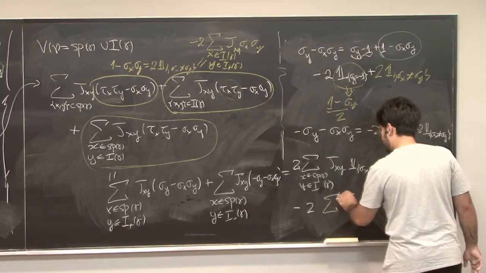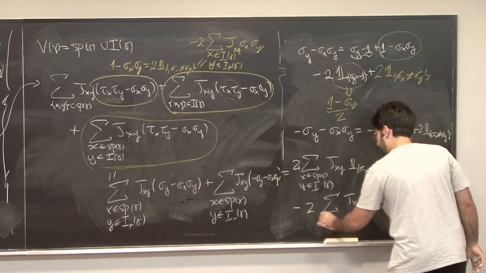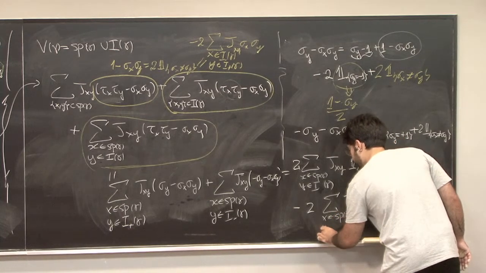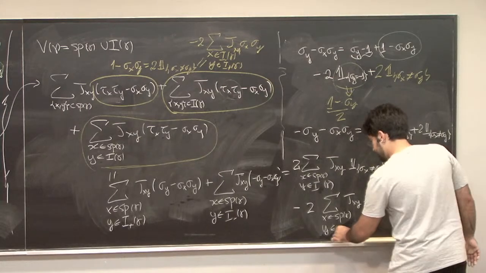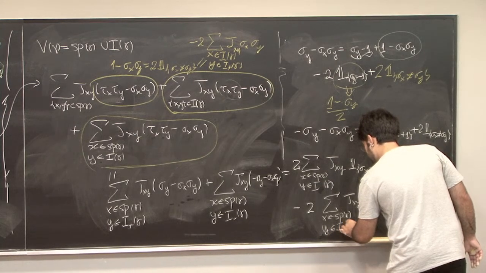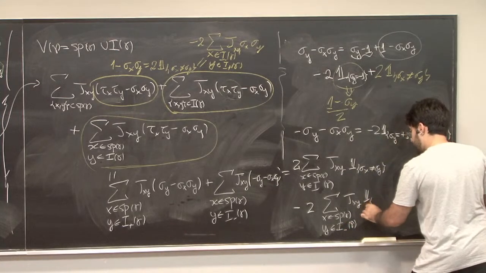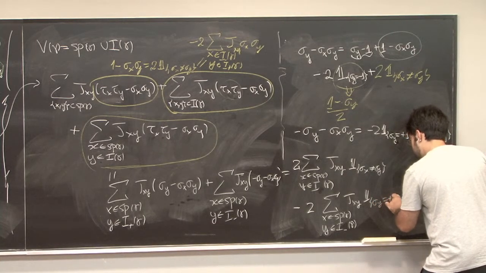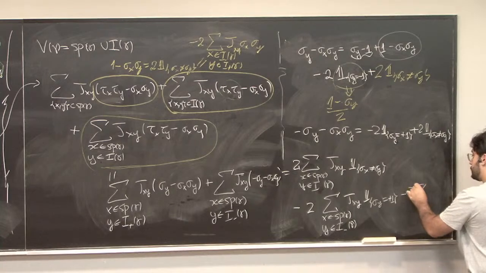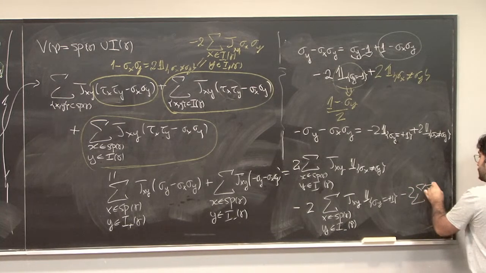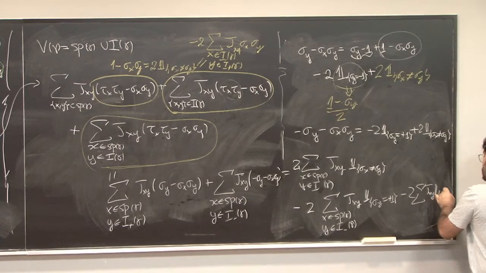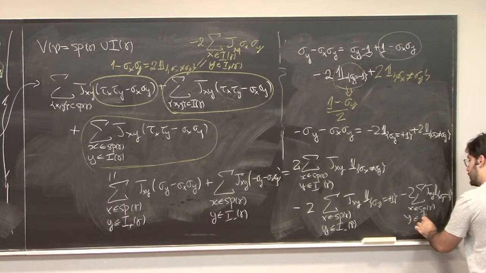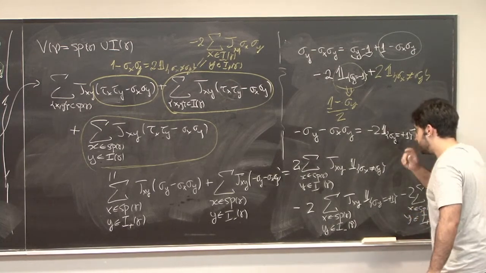So this will be jxy, x inside the support, y in the minus interior, and then I will have sigma y equals to plus 1, minus 2 times jxy, sigma y equals to minus 1, x in the support, y in the positive interior.